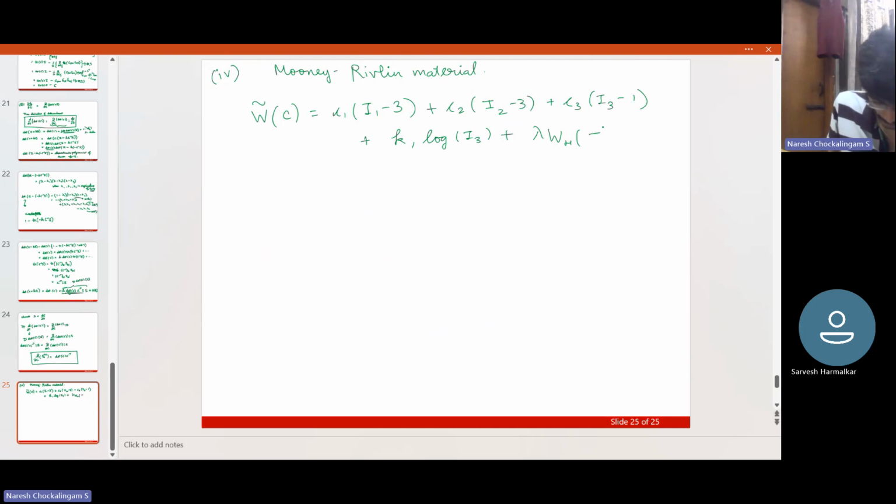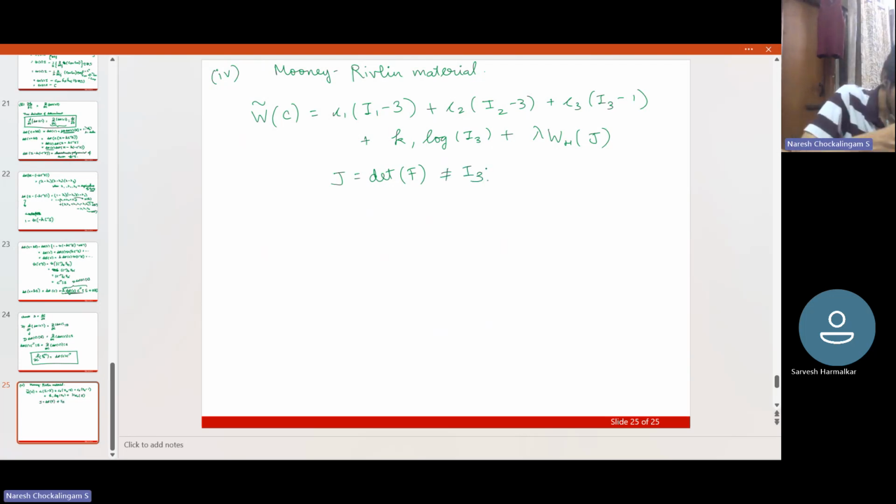Here J is the determinant of the deformation gradient, not C. So this is not I3.